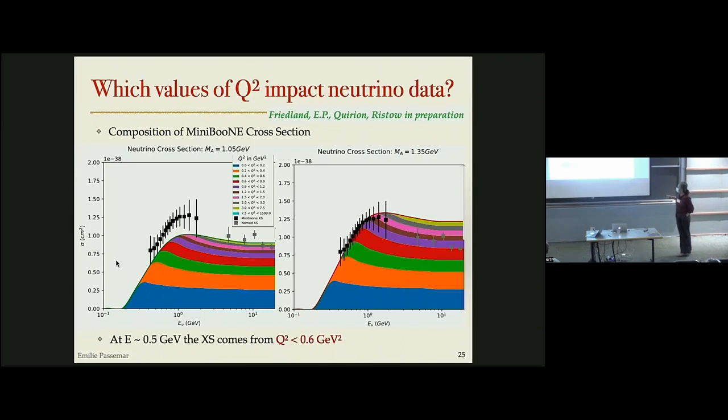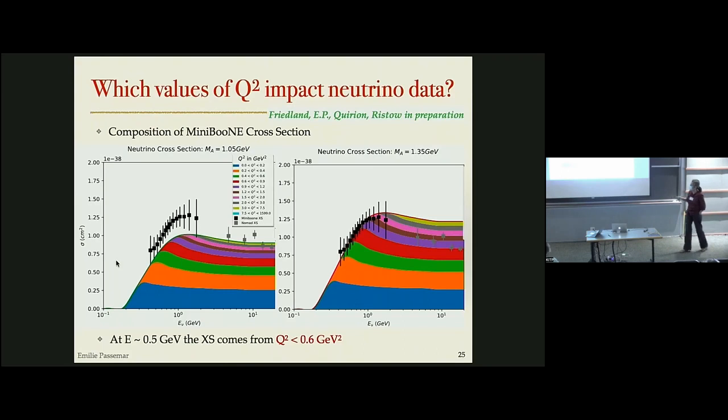And here we have put the MiniBooNE experimental data points, and then we also show which Q-squared are dominating, okay? So the blue is the Q-squared between 0.0 and 0.2. The orange is between 0.2 and 0.4, to see which Q-squared are contributing.